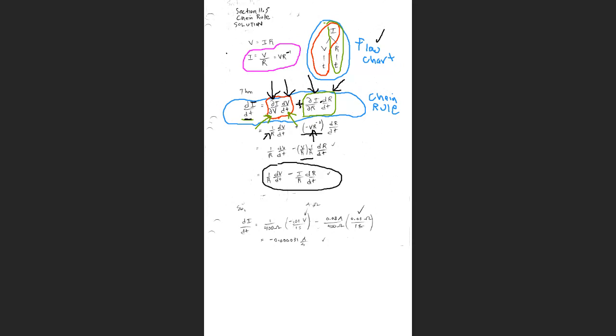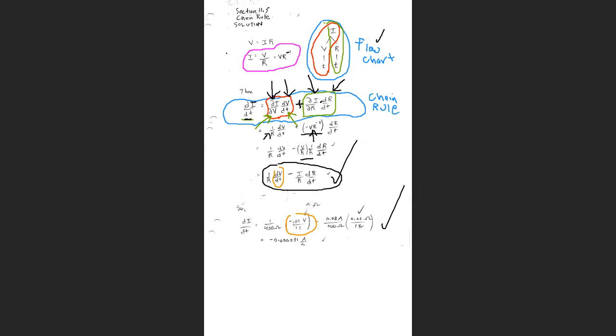And now we're able to find di dt by simply taking the information that was in the paragraph and plugging it in for every portion of this chain rule formula. dV dt, for instance, is equal to negative 0.01 volts per second. That was given in the problem.